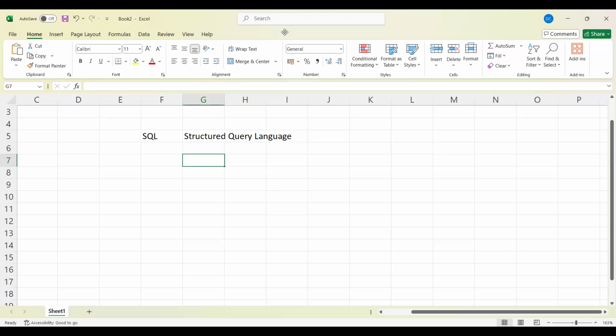Before understanding what is SQL, please let me know how many of you are completely new to SQL. Are you from non-IT backgrounds or IT backgrounds? Do you have any knowledge of SQL, or is this your first time trying to understand SQL? Please tell me.